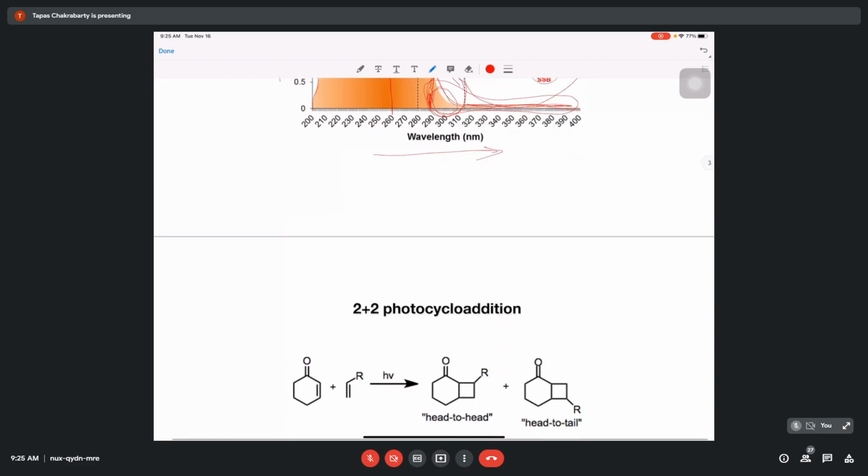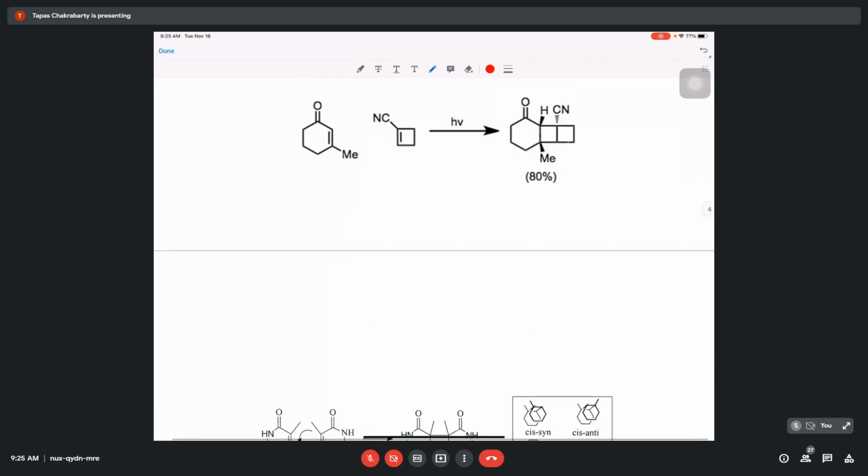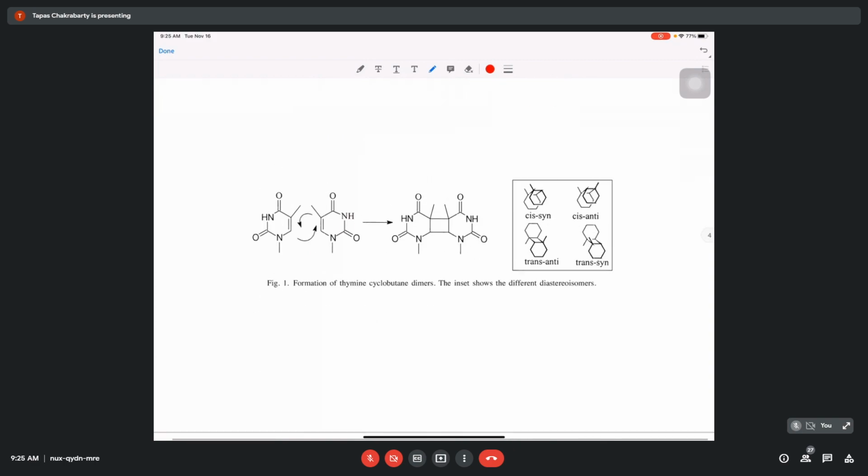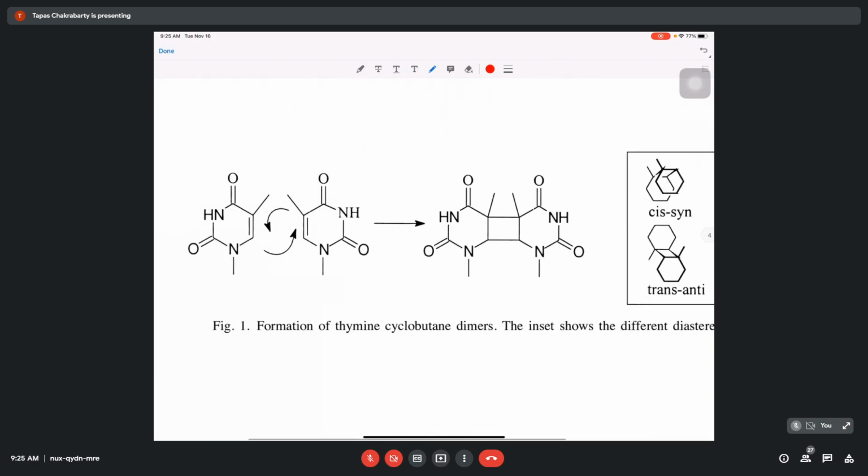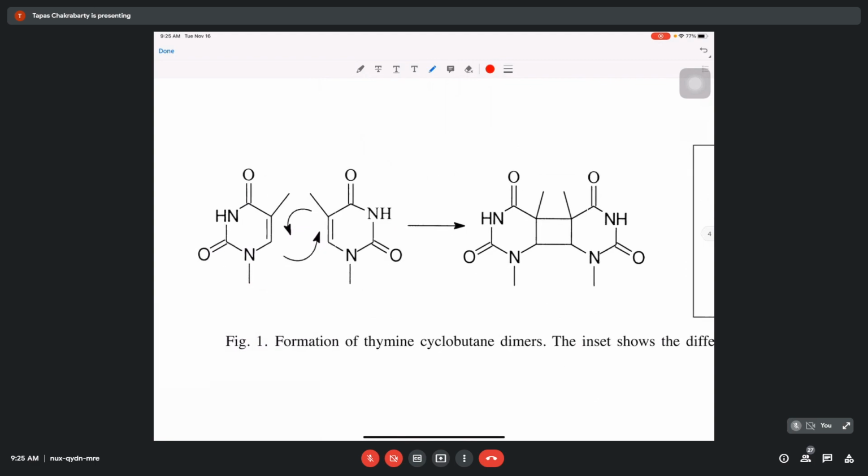Okay, then let me go to what kind of chemical reaction can take place. But before that, we know that our nucleic acids contain purine and pyrimidine bases.